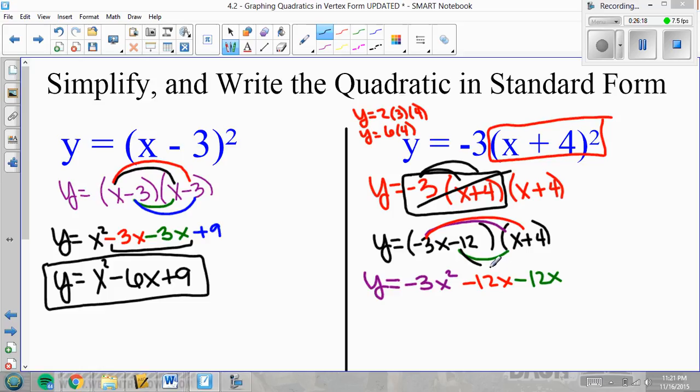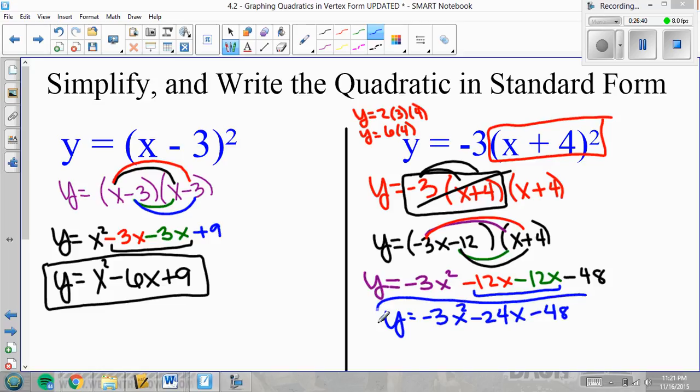And negative 12 times positive 4, which is negative 48. So now I'm just looking to combine. So I have y equals, I don't have any other x squareds. But I do have two x's, so I know minus 24x. And then I can drop down my minus 48.